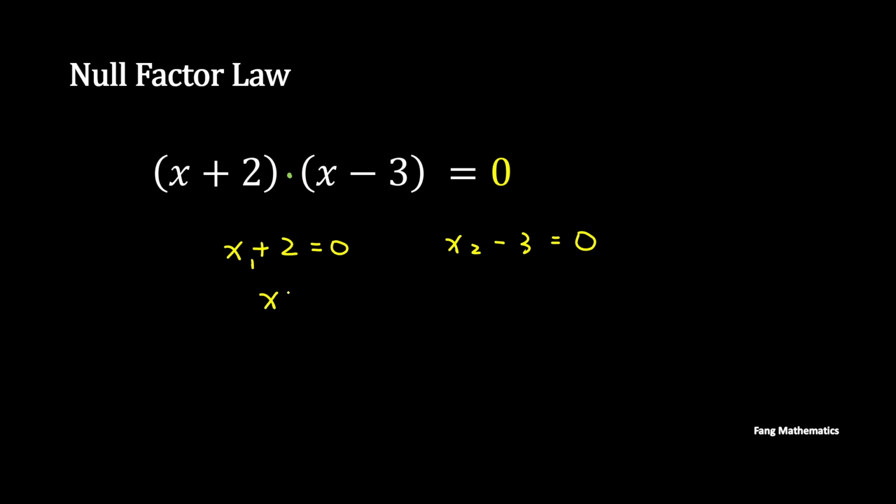For x1, minus both sides by 2, you should get x1 as minus 2, while for x2, you plus both sides by 3. That should give you 3. So this is simple. What makes the product equal to 0 could either be minus 2 or 3. So x is an element of minus 2 or 3.